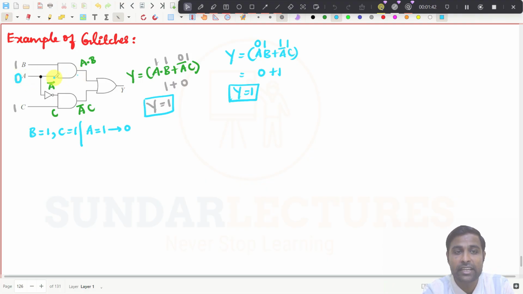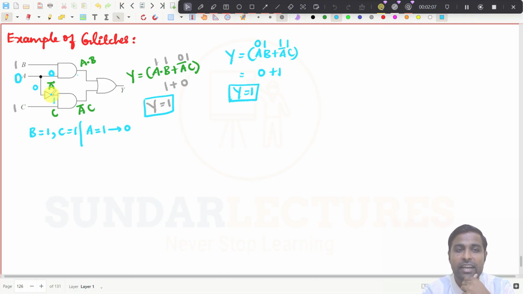This gate, in this particular input, instantly goes to 0, right? But what happens here? If I give 0 to this particular input, this will be changing from 0 to 1. But the problem is this NOT gate will take an extra time because of the propagation delay.